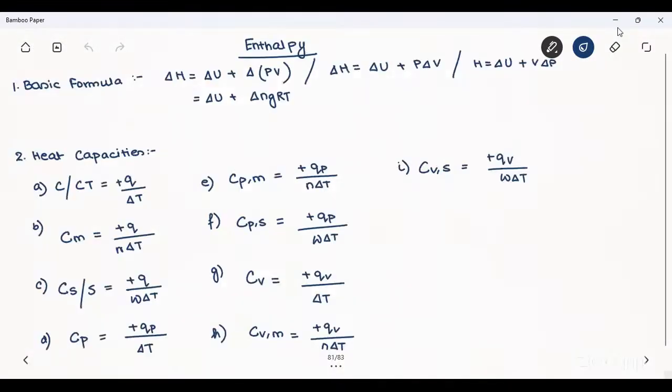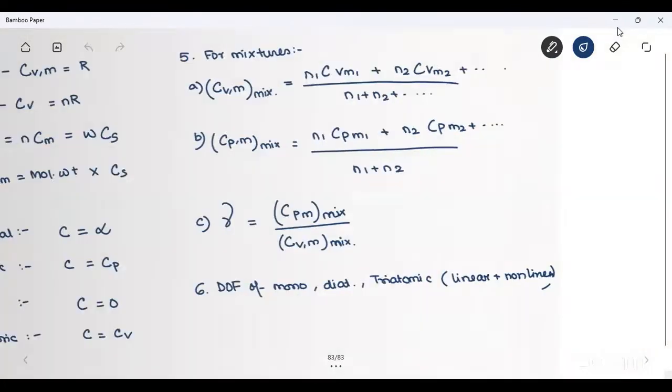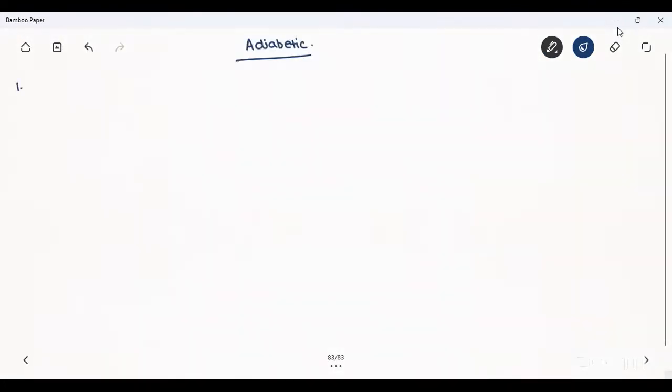So first, we have learned about the relation between P, V, and T for reversible adiabatic process. And I told you repeatedly, this is only for reversible adiabatic process.